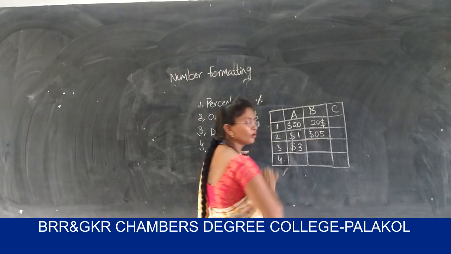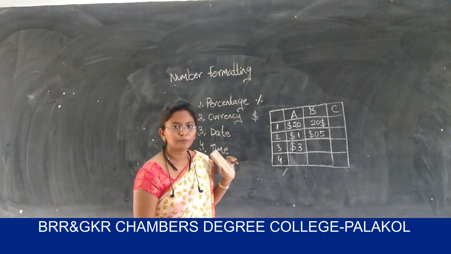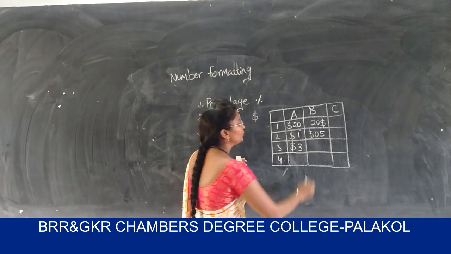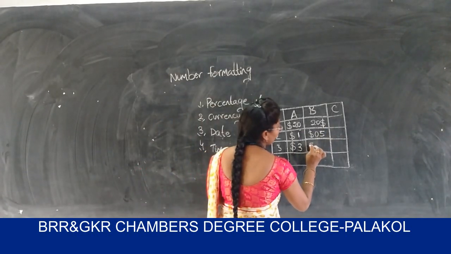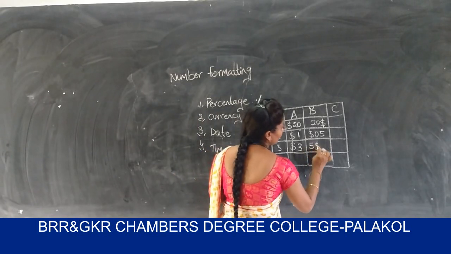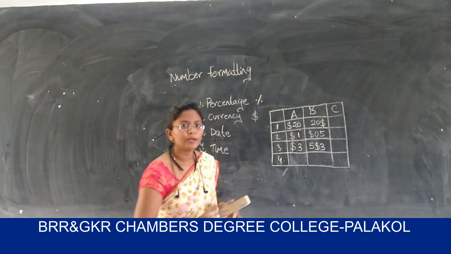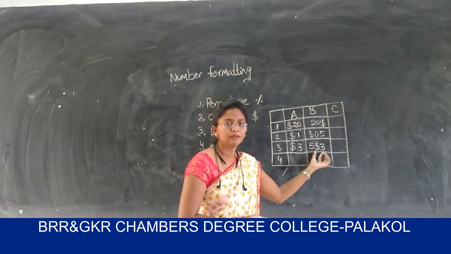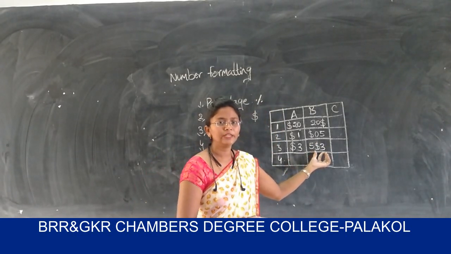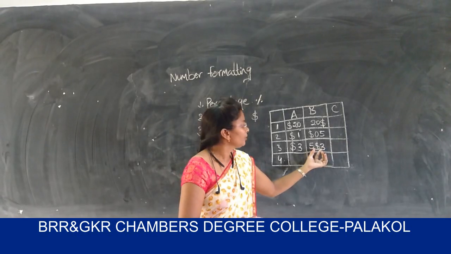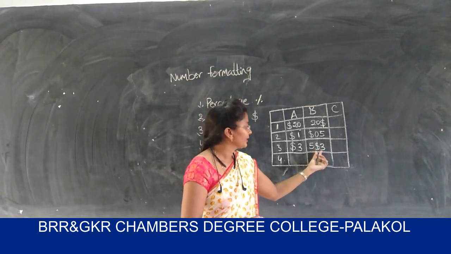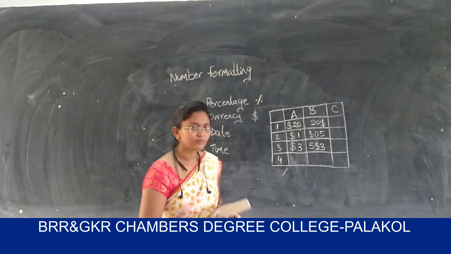That means $5 will be taken. If you write it in the middle, like $5, 3, it won't understand this is a currency, because I am putting the dollar symbol in the middle of the numbers.